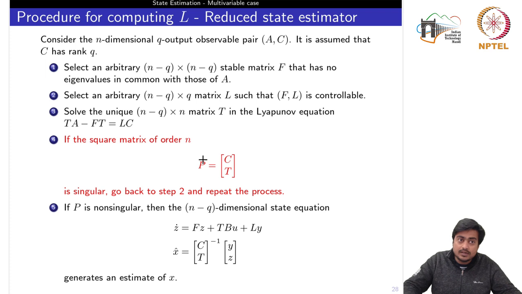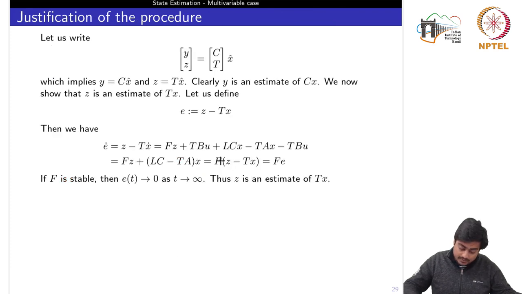Because in the single input single output case, when we had ensured the observability of this pair and the controllability of this pair, it is always true that the P matrix would be non-singular. But although we have ensured these two conditions in the multivariable environment, we still cannot ensure the non-singularity of the P matrix. So we will see what we can say at least of this P matrix.